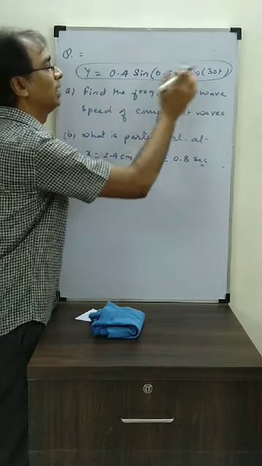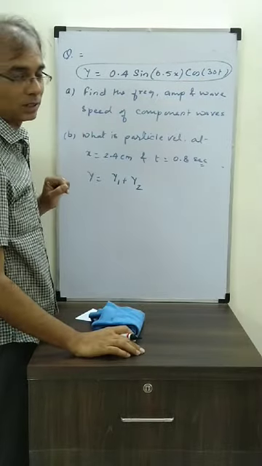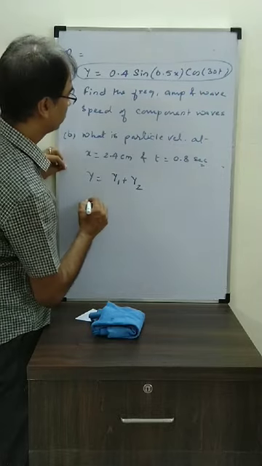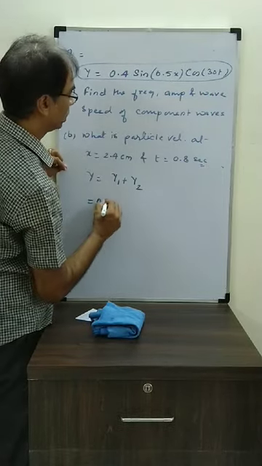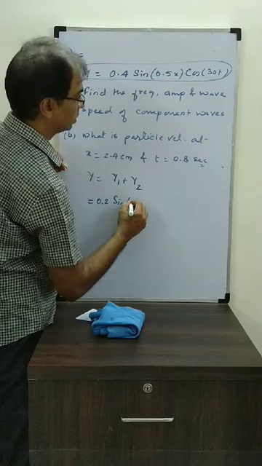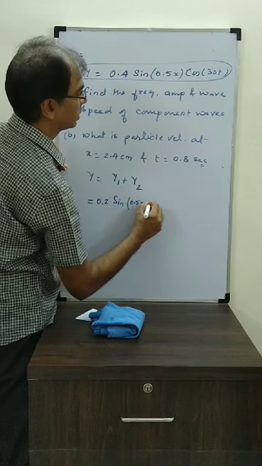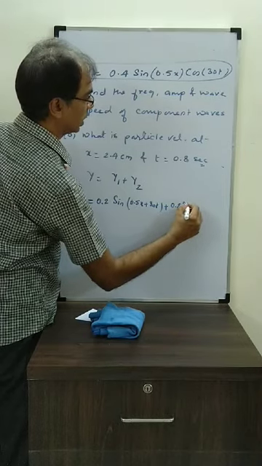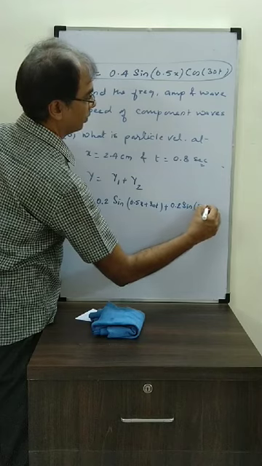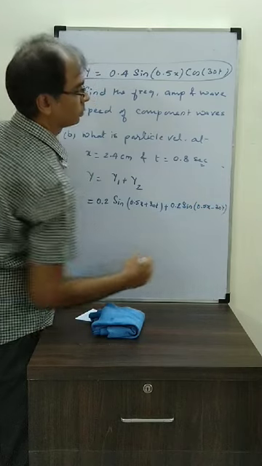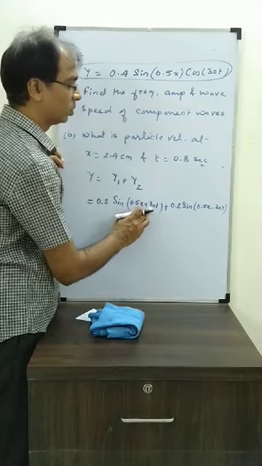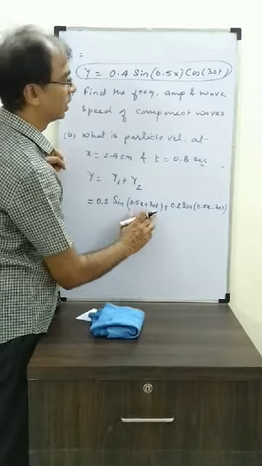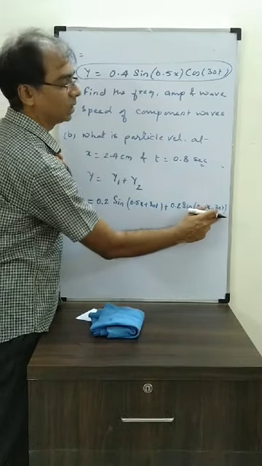You can see the form is sine cos, which means sine C plus sine D. So we will write this as 0.2 sin(0.5x plus 30t) plus 0.2 sin(0.5x minus 30t). That is, sin(kx plus omega t) and sin(kx minus omega t).